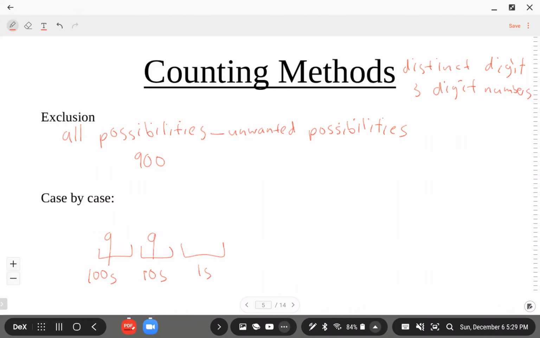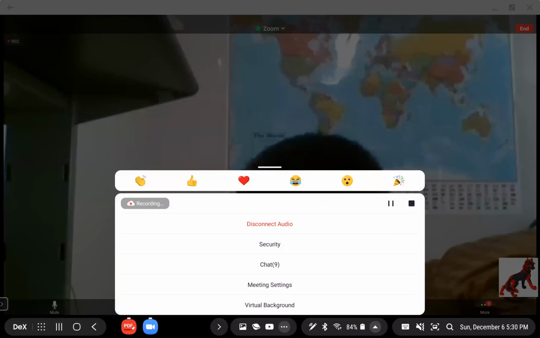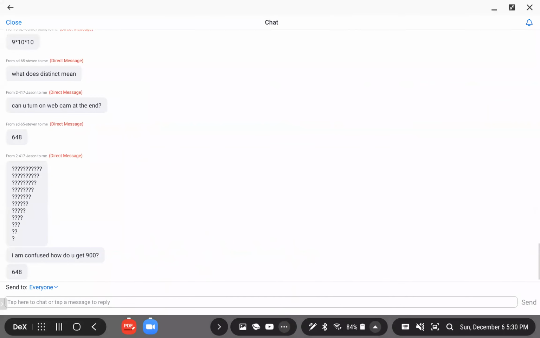Now for our ones digit, we already used 2 digits, so we only have 8 digits left. And we just multiply these together. 9 times 9 times 8 is 648. Okay, so does everybody understand? Are there any questions?